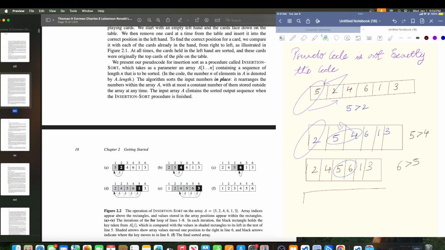We check 1 against 6: 6 is greater than 1, so now we do the moving. Then we have 2, 4, 5, 1, 6, 3.